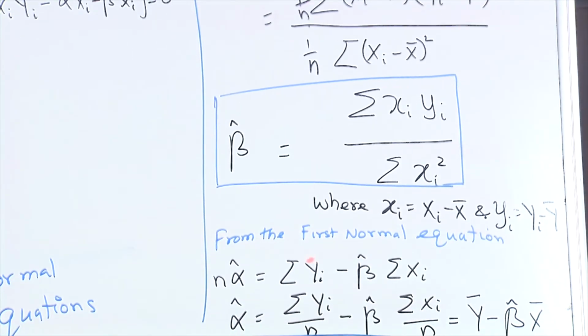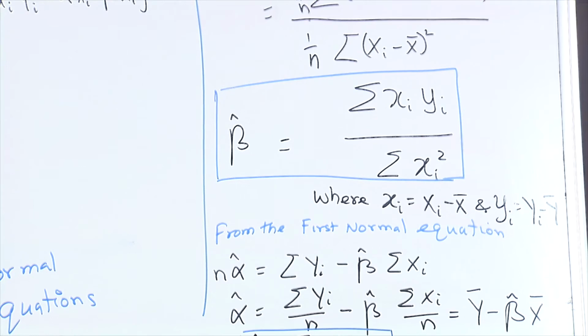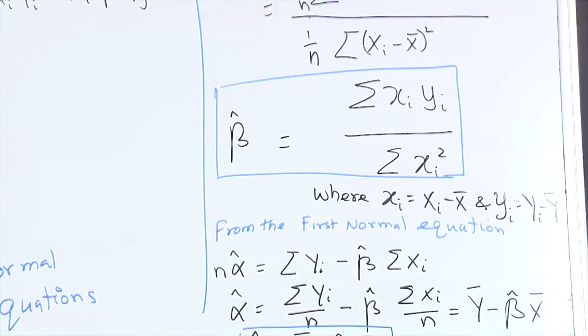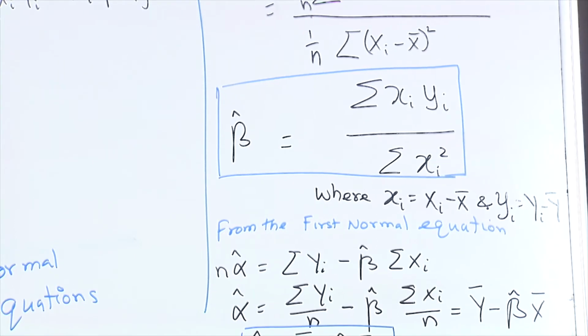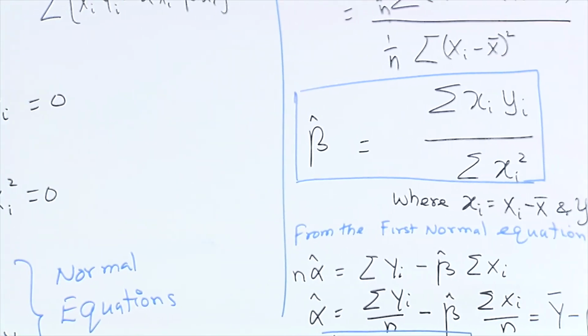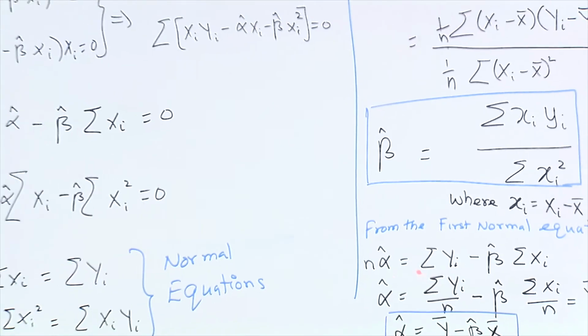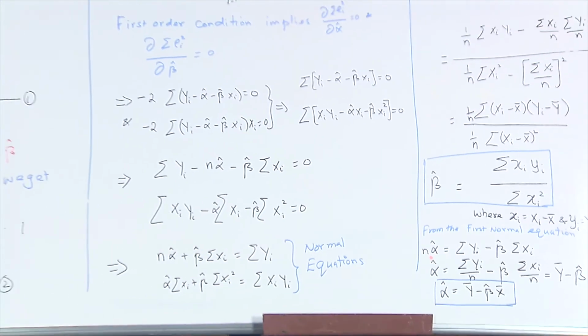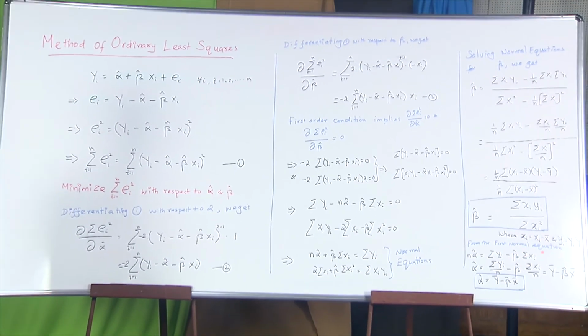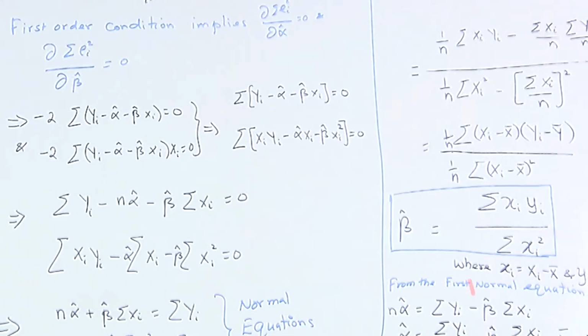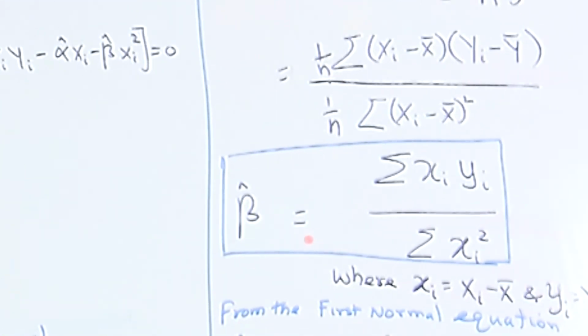From the first normal equation, we get n alpha hat. So, you take this term to the other side, you get n alpha hat is equal to sigma (yi minus beta hat xi). Finally, beta hat is equal to sigma small xi yi by sigma small xi square.